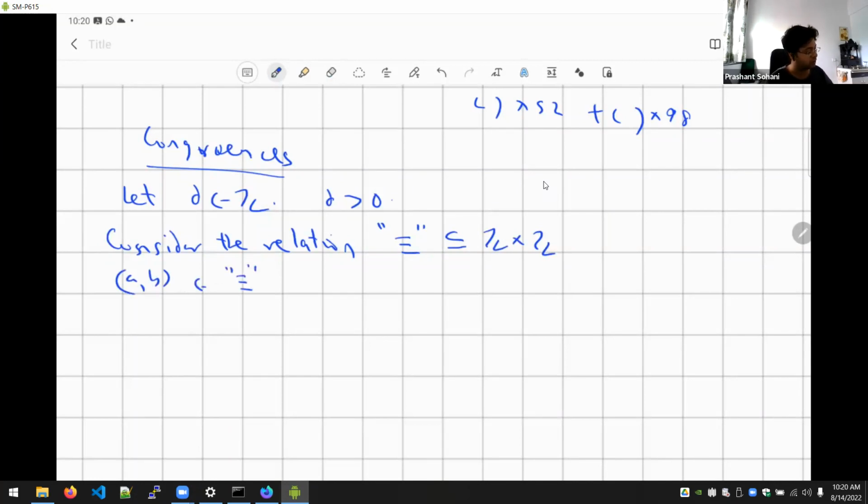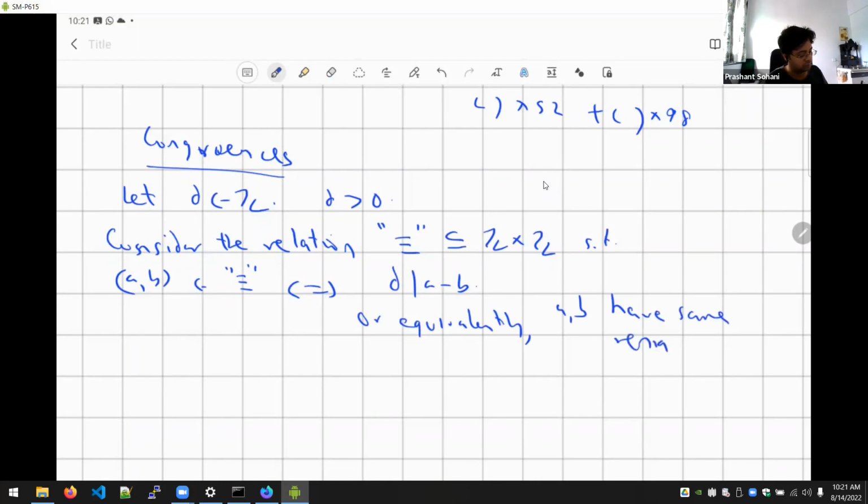Such that any pair a, b belongs to the relation if and only if d divides a minus b, or equivalently a, b have the same remainder on dividing by d.